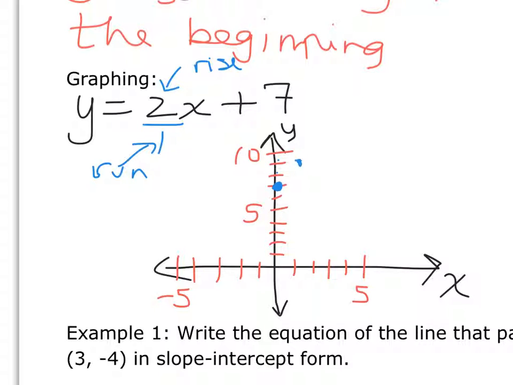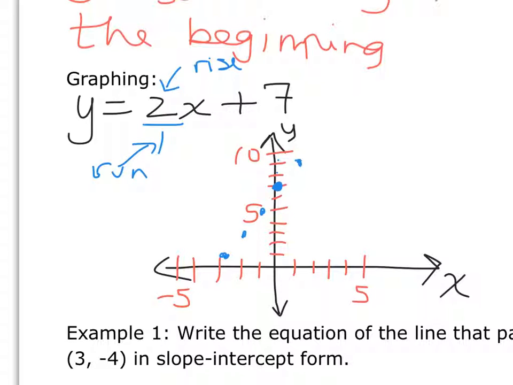And I've kind of run out of space, right? So could I go backwards? Yes. So I could go down 2 and then left 1, down 2 and left 1, down 2 and left 1. So how many points do I need to draw a line? 2. I need at least 2, but I can have more, right?